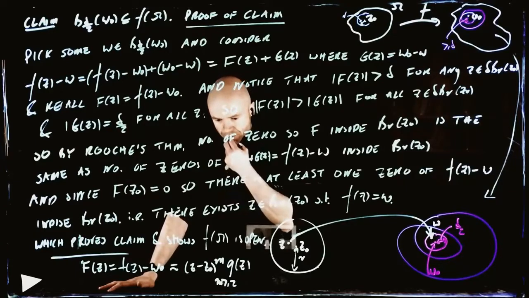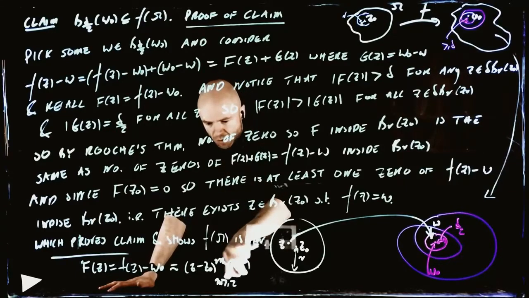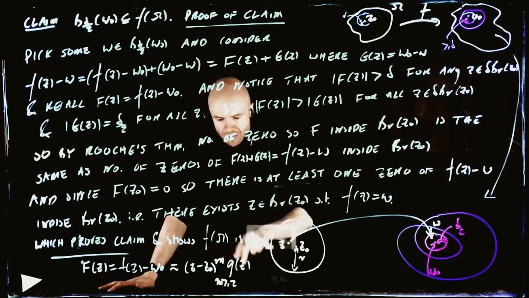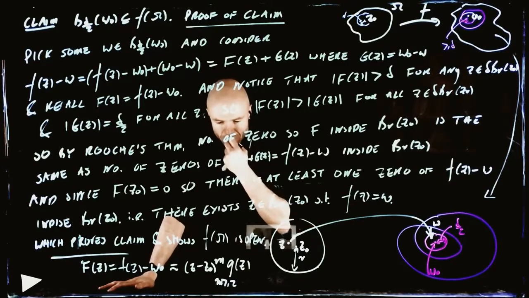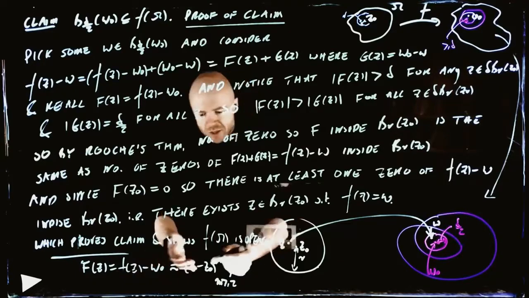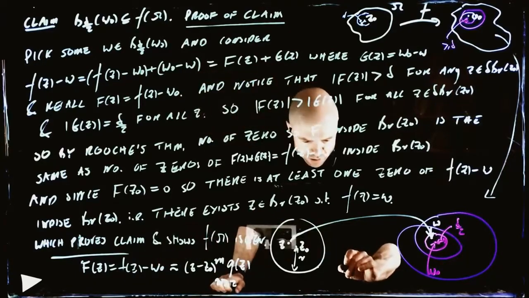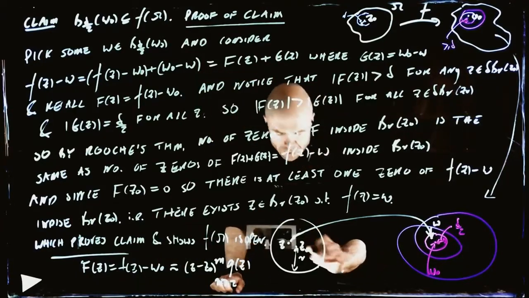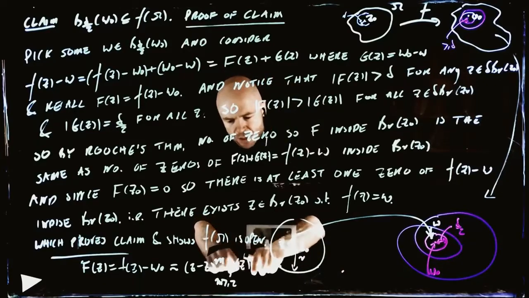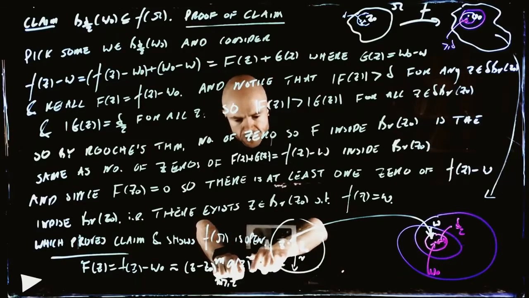And in this case, we have a very well understandable function, because what is this doing on a small scale? It is just taking this ball, and this factor is more and more like a constant as we approach z0.